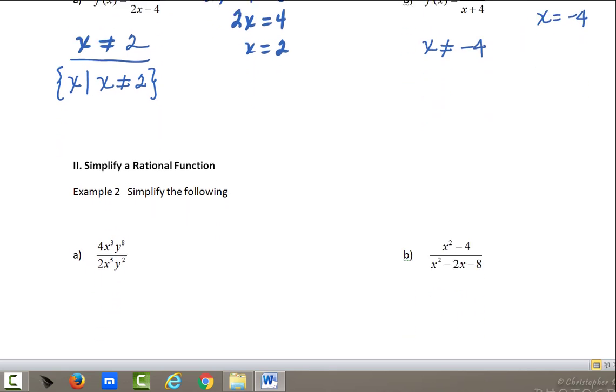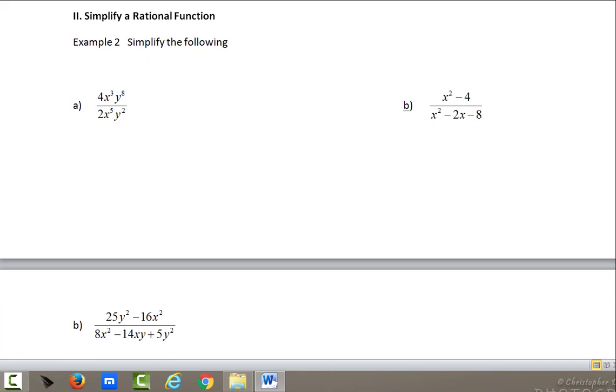Now, the next thing we want to do in this section is to simplify rational expressions. We'll start off with one that you should already know how to do, as a quick review. When you have a monomial in the numerator and a monomial in the denominator, you don't have to factor.